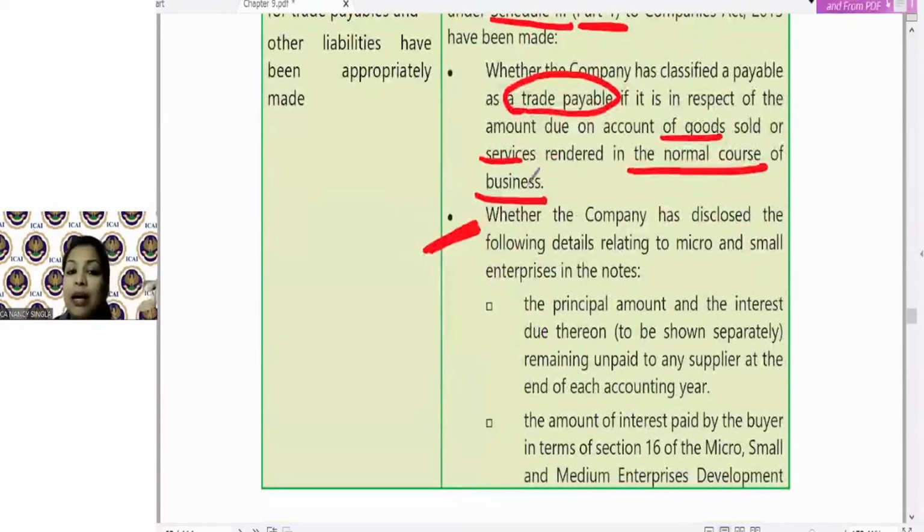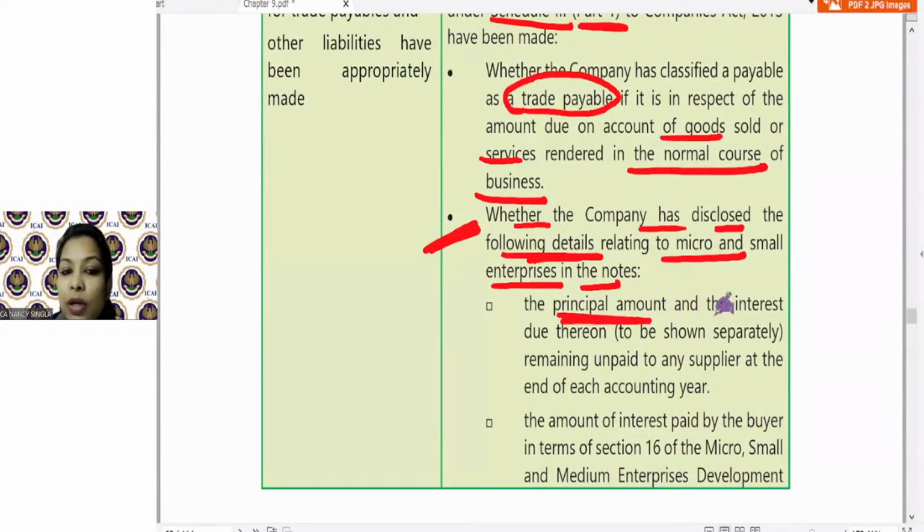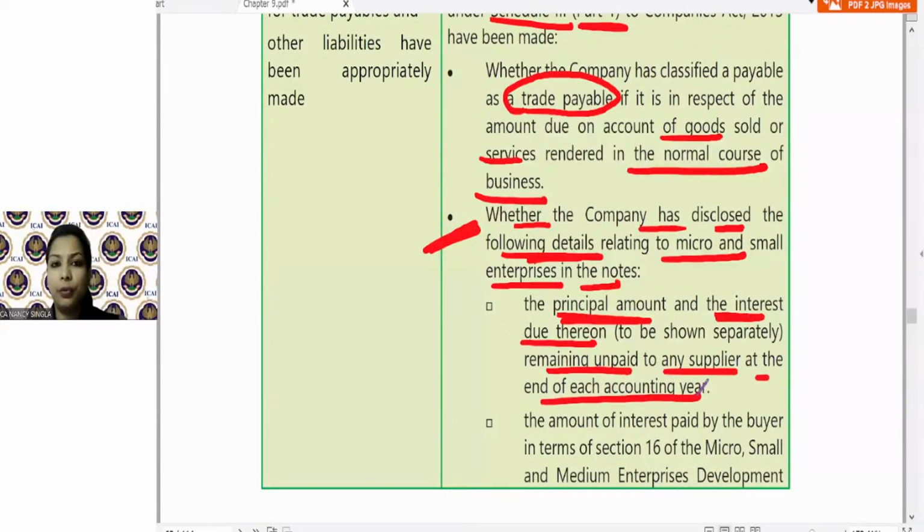Now, when the company has disclosed, auditor will verify whether the company has disclosed the following details relating to micro and small enterprises in the notes. तो micro and small enterprises के लिए whether the disclosure has been made or not. So first is what? There are 5 points. The principal amount and the interest due thereon remaining unpaid to any supplier at the end of each accounting period.